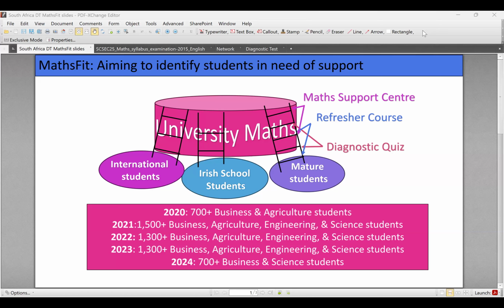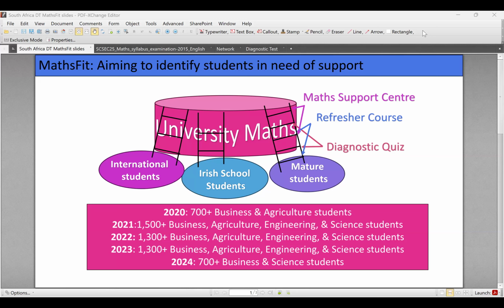And then Claire Mullen came in 2020, and it was rolled out to actually the undergraduates. So it was slightly different in that these were undergraduates and they were going to do the course, you know, no matter what. But there was still the idea of the refresher course and the diagnostic quiz, and sort of getting students ready for university maths. And in 2020, it started with over 700 business and agriculture students.